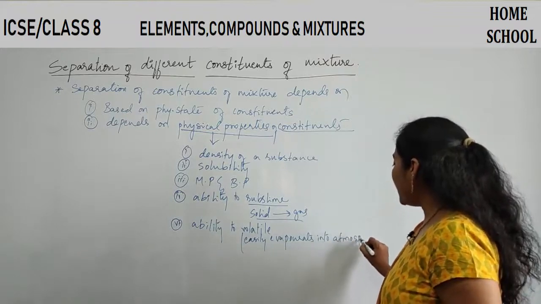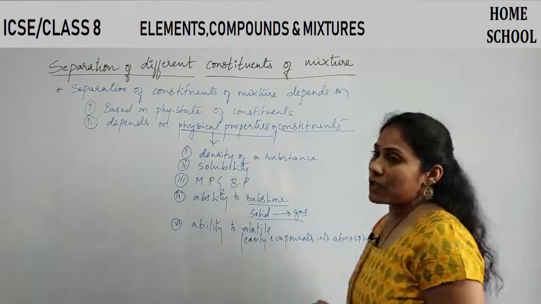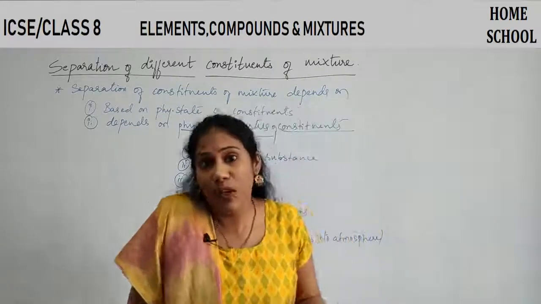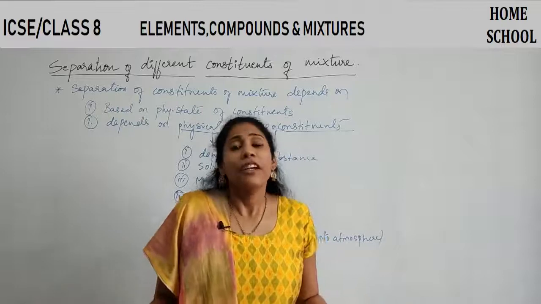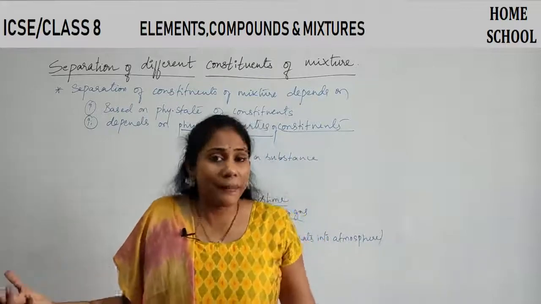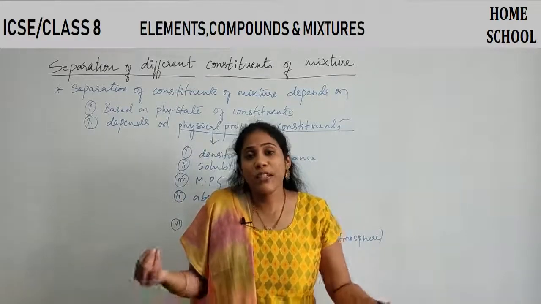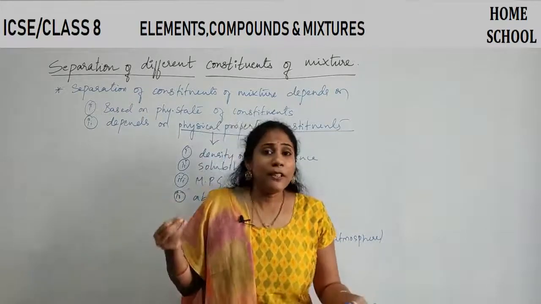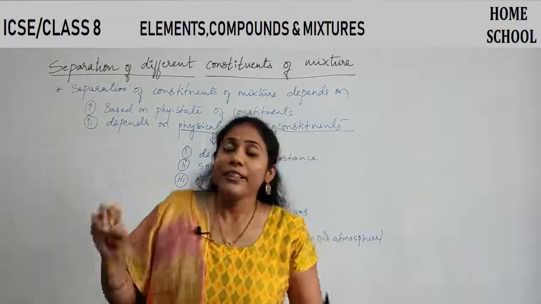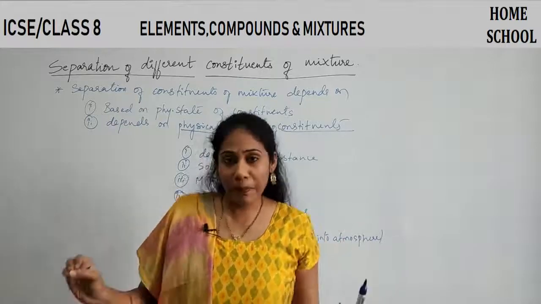If one component easily evaporates into the atmosphere, and the other component is less volatile, that means it does not easily evaporate into the atmosphere, you can separate based on this variation of components in the property. You can decide a suitable method to separate the components of a mixture.